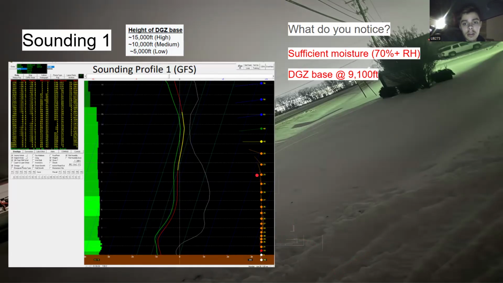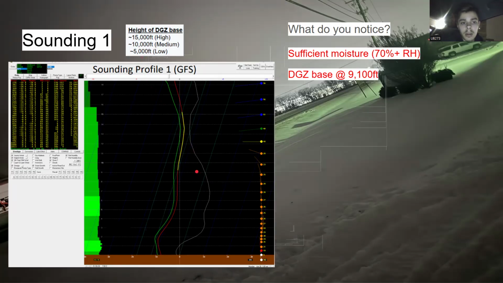DGZ base is at 9,100 feet. So based on that, we might expect low to medium snow to liquid ratio. And remember, if we have a low snow to liquid ratio, that's going to be wet snow.